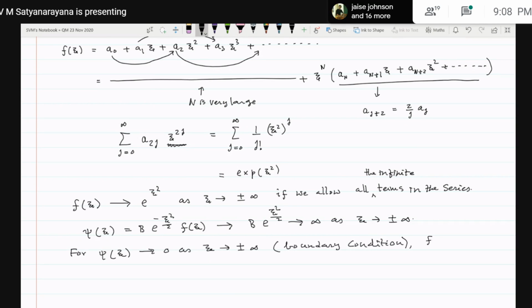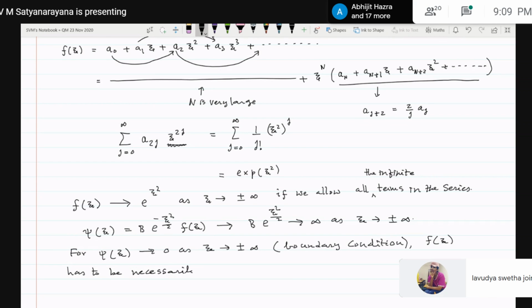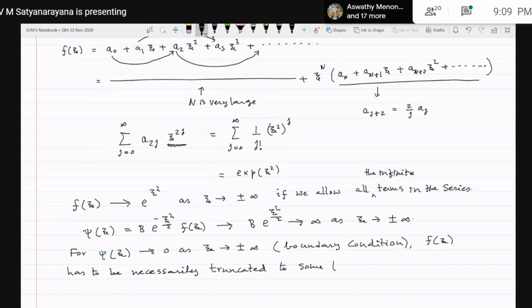So if you want your wave function to satisfy this boundary condition, f of xi has to be necessarily truncated to some finite number of terms in the power series.